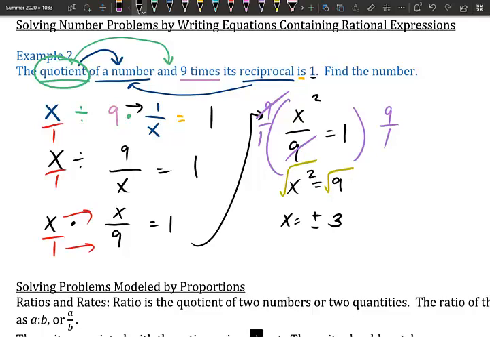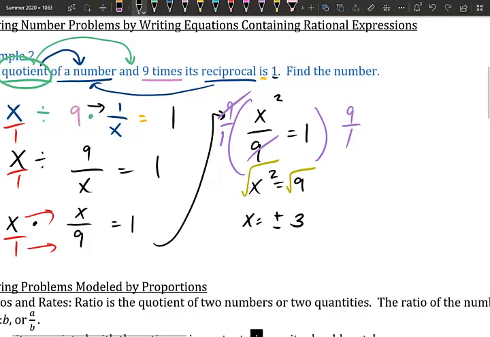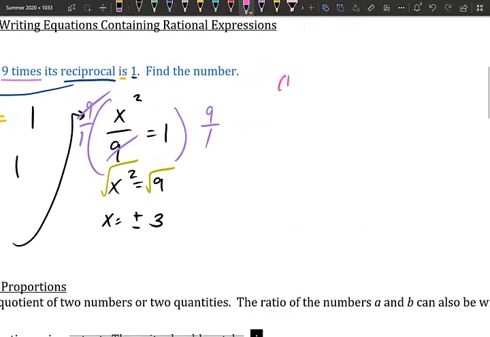Because we're working with fractional expressions, don't forget to check your answer. So let's go ahead and check. We have 2 possible answers, negative 3 and positive 3. We can check it in the original or the simplified. It doesn't matter.